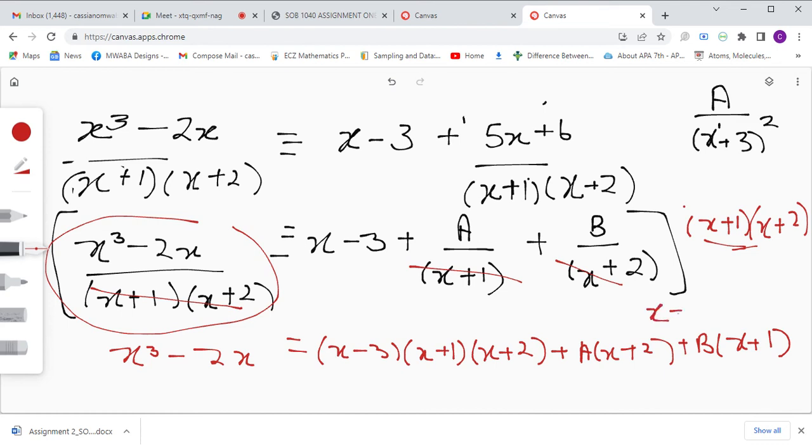For example, you can say when x equals -1, we'll start to operate on the left-hand side first. We'll have -1 cubed minus 2 times -1.